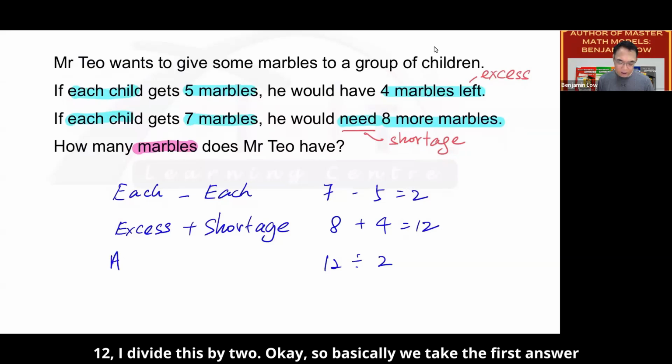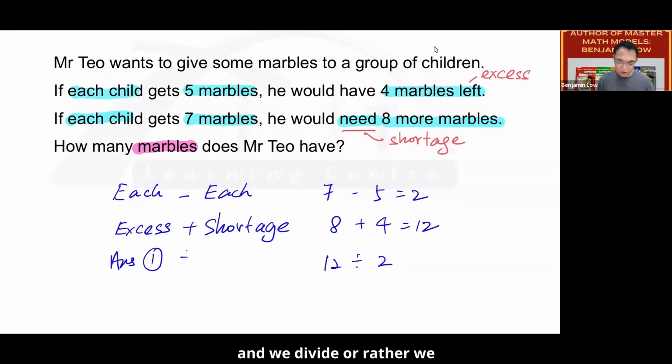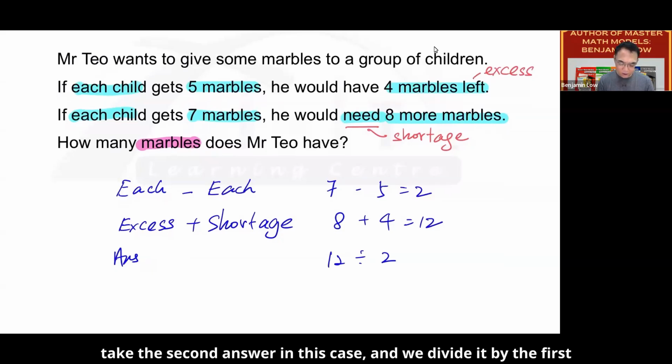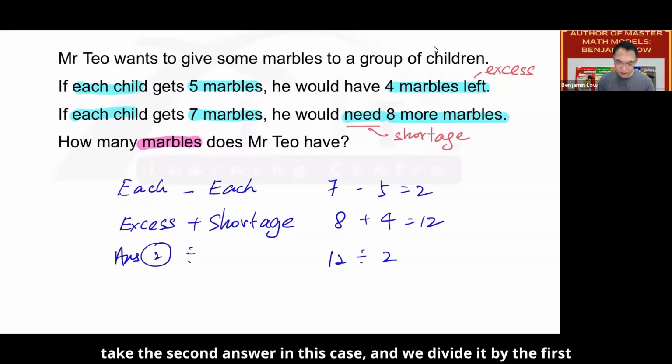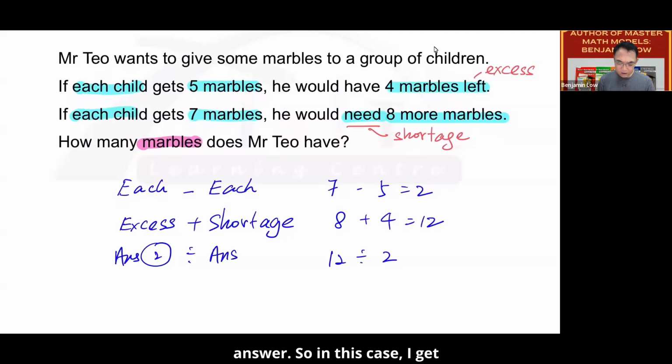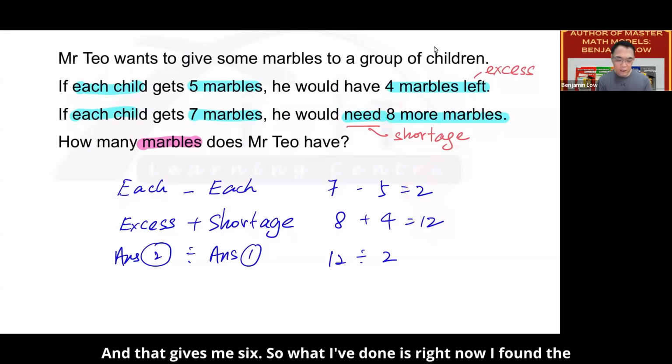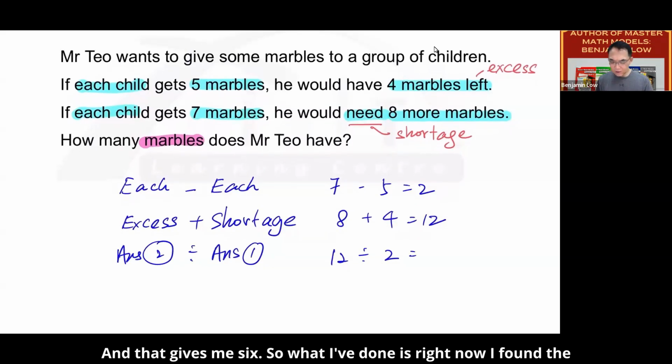Basically we take the second answer and divide it by the first answer. So this is my second answer, this is my first answer. I take 12 divided by 2, and that gives me 6.